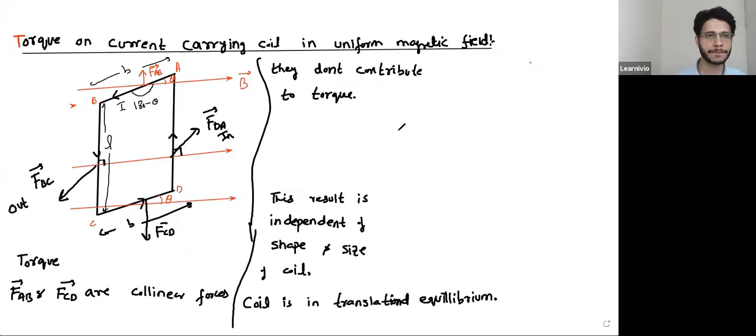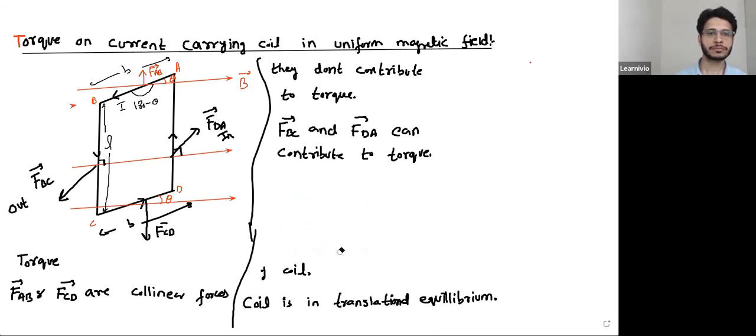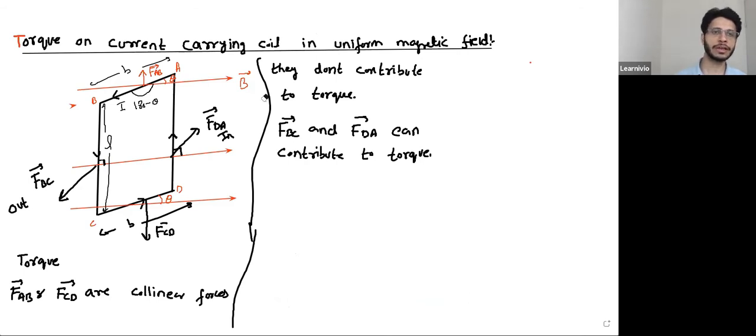These two forces, FBC and FDA, can contribute to torque. They are not collinear, they are non-collinear, so they can contribute to torque.